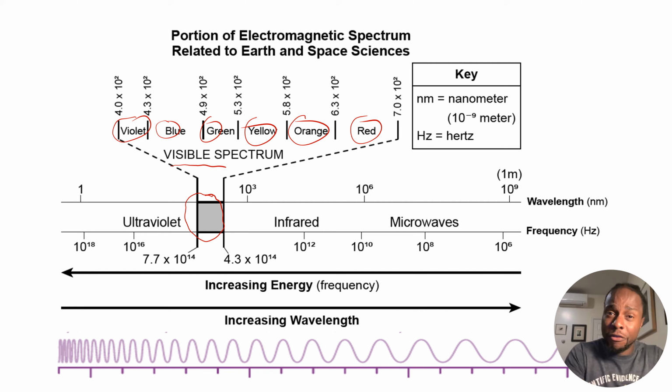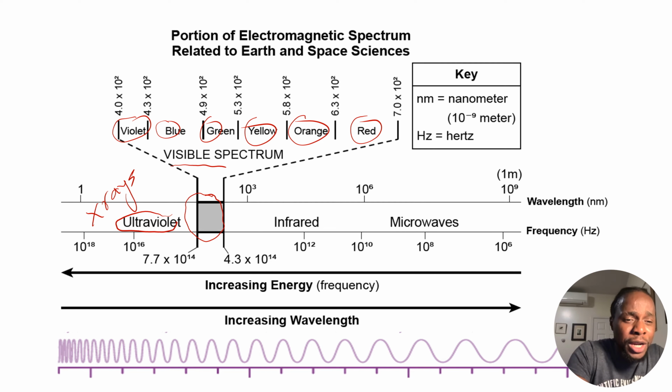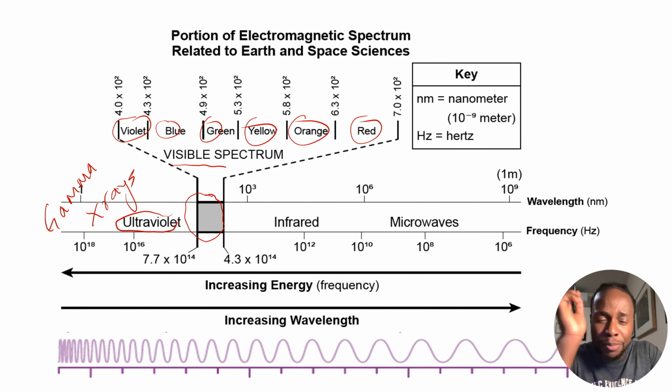Now, any color that is beyond violet is the ultra, which means deeper, beyond violet: ultraviolet, right? And then beyond ultraviolet is, like I alluded to earlier, the X-ray. And then beyond X-ray, we have the gamma rays. So annotate that and put that in your notes as well.